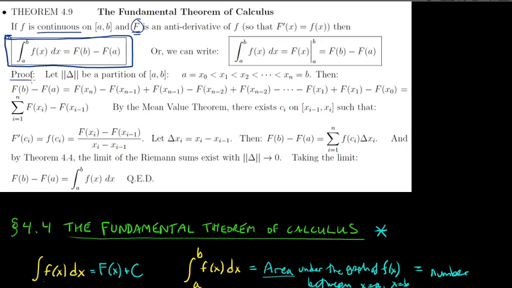And I wrote the proof down here. I'm not going to go through it. It's in the book. It's not difficult. It's just taking a partition, dividing it up, and using the mean value theorem for derivatives. But it's not essential that you understand the proof. Much more essential that you understand what this equation tells us.